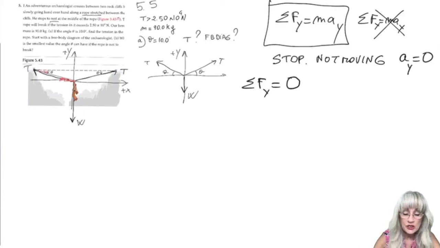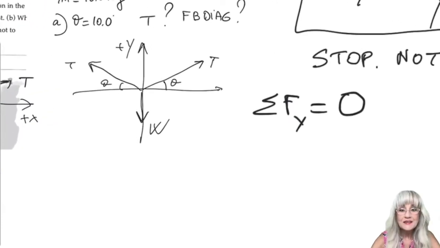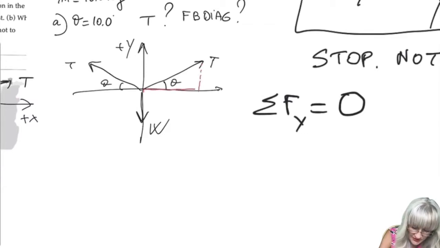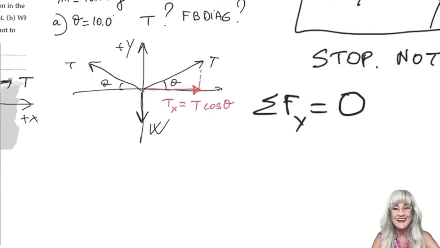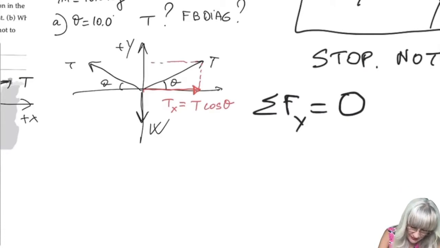First we should break the tension into components. In my right triangle, the one laying on the x-axis is T_x, which will be given by the hypotenuse T multiplied by the cosine of the adjacent angle. Up here, in the parallelogram, will be T_y, which is the hypotenuse T times sine of theta.